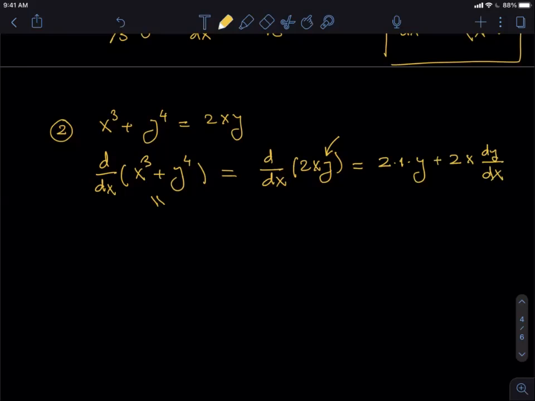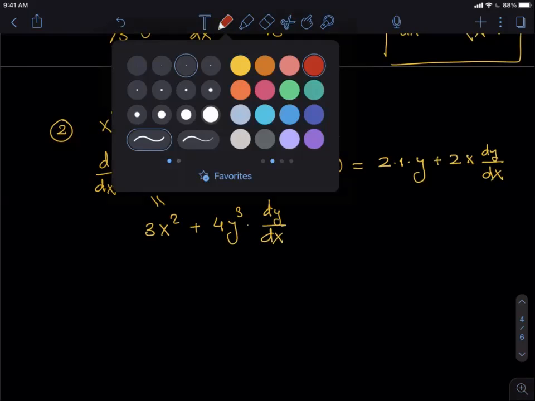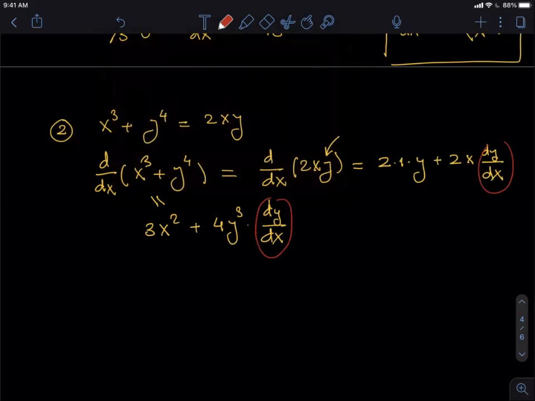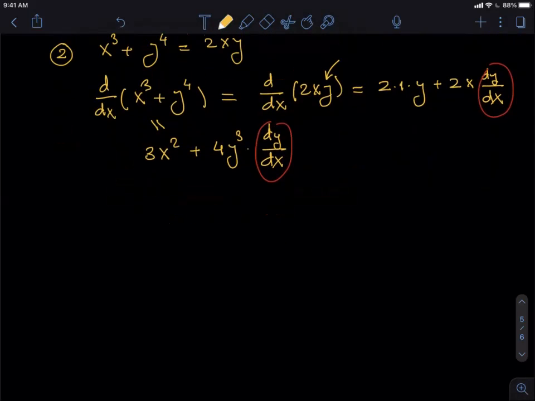And on the left, we have 3x squared plus 4y to the power 3 times dy/dx. And now we want to solve for dy/dx, which is on both sides. So we need to collect like terms.